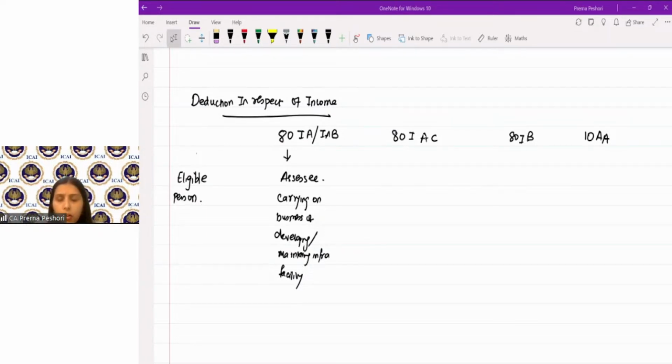Then for that matter, an undertaking for the reconstruction or revival of a power generating plant. All of these businesses are covered under 80IA. Now, what is the quantum of the deduction available here? The deduction available under 80IA is 100%.